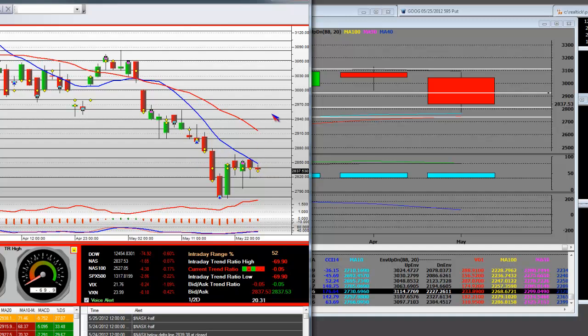S&P will follow the same suit. All key indexes will. That means that the broader indexes have turned together, and you would have more advancers than decliners.